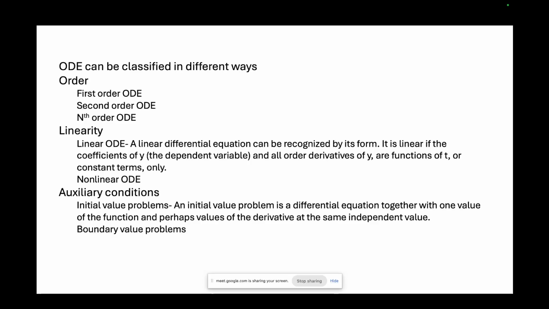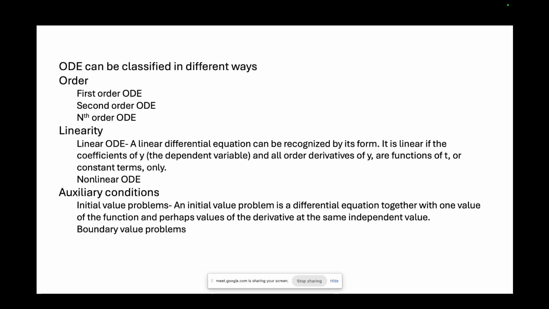So dy/dx equal to y squared is not a linear ODE. dy/dx equal to y will be a linear ODE, or dy/dx equal to a constant k will be a linear ODE. But whenever the power of y becomes more than 1, it becomes a nonlinear ODE, depending on the power of y.